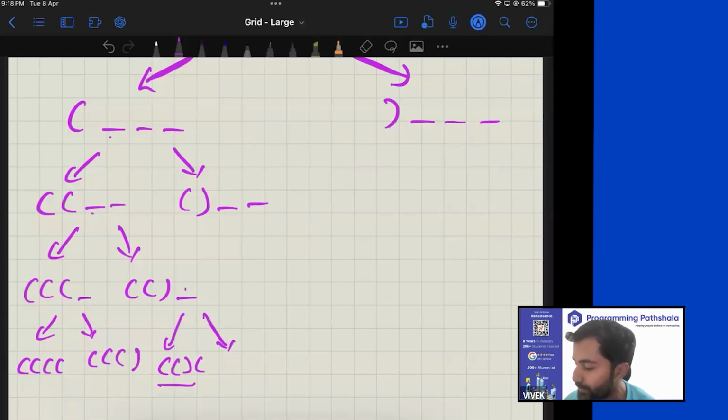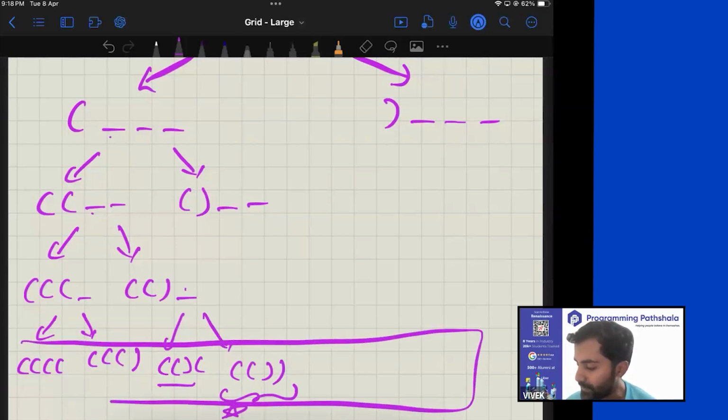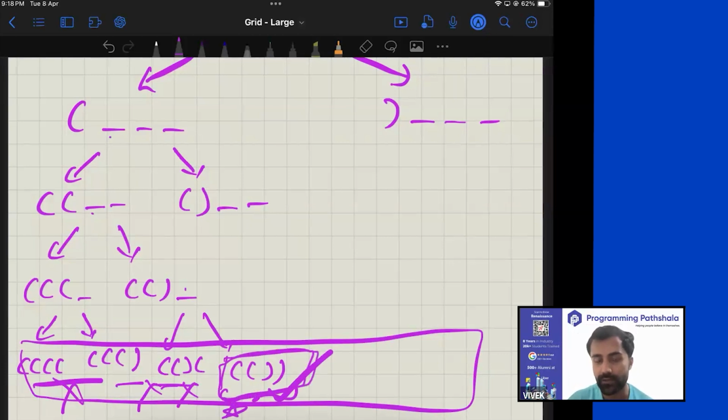But when you put a closing brace here, you'll get this, and you're pretty happy about this. So what I'm saying is, at your base condition, at your leaf case, you will generate some junk strings. You can ignore those. And you will generate some well-formed strings. And you can ensure to only print those. It is pretty easy to check whether a string is representing balanced parentheses or not. Using a stack, you can do that, right?